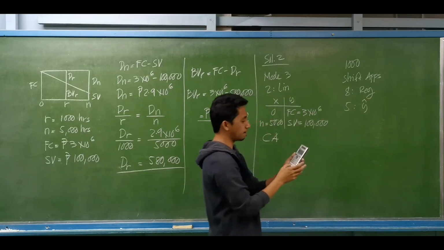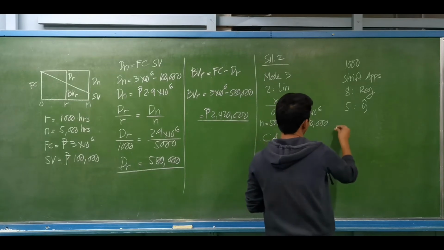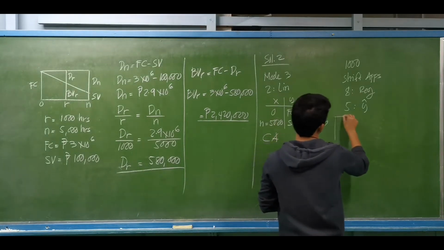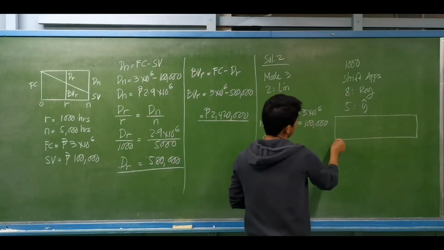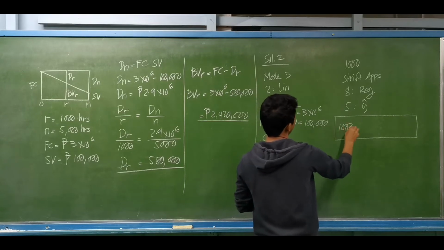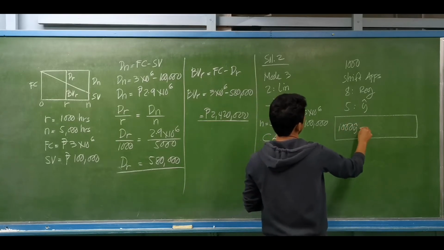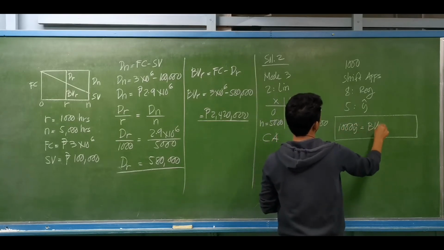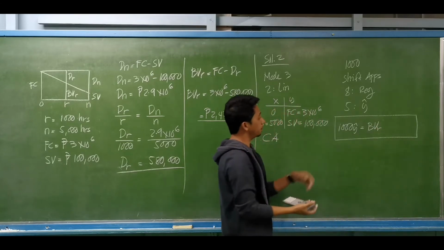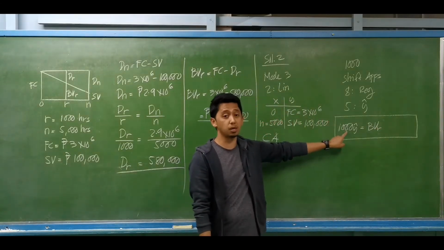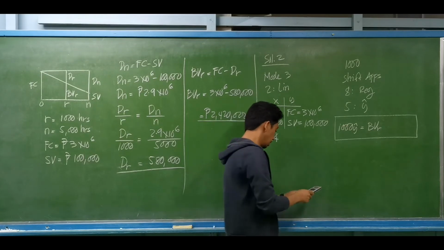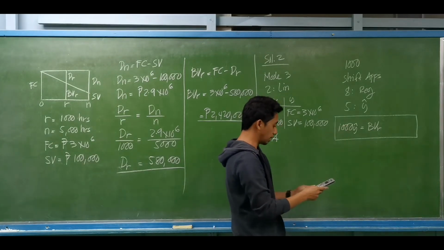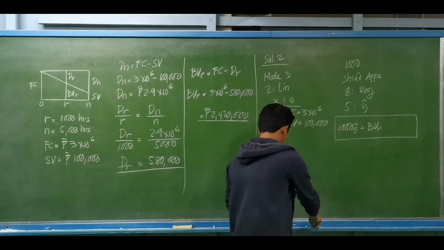So press number 5. What is on the screen of your calculator should be the 1,000 Y hat. That is the same as our book value, the book value of the equipment after using it for 1,000 hours. Then press equals.